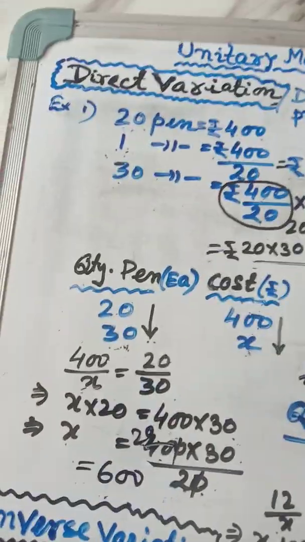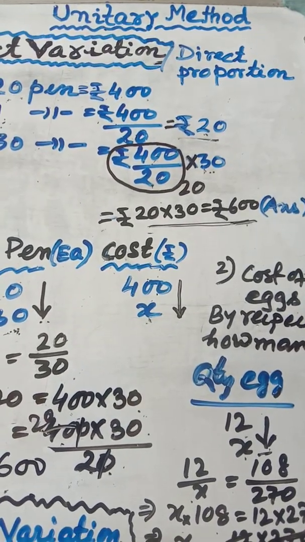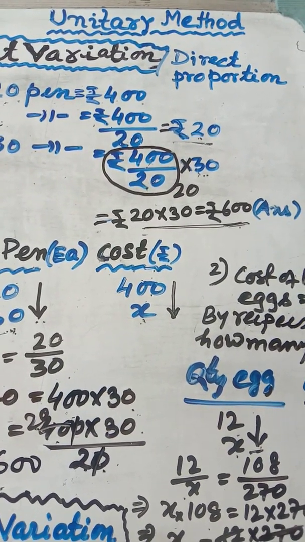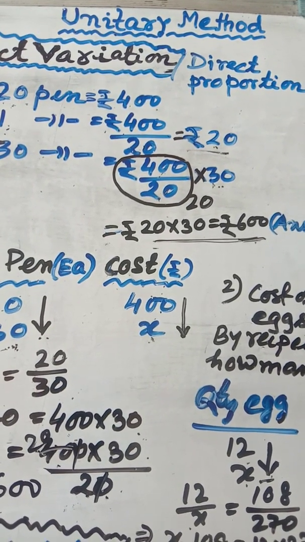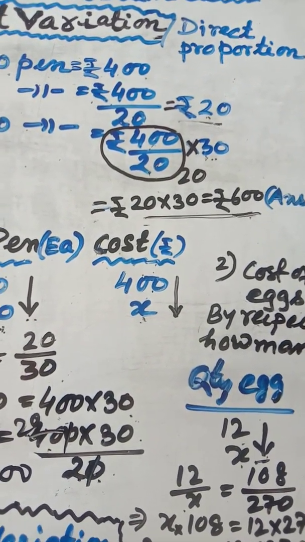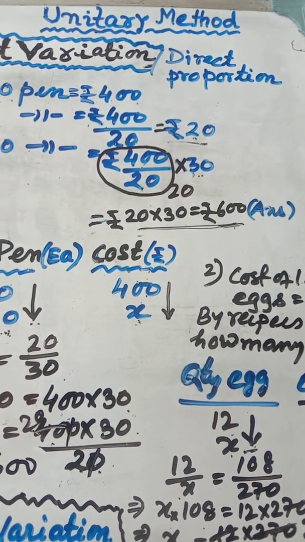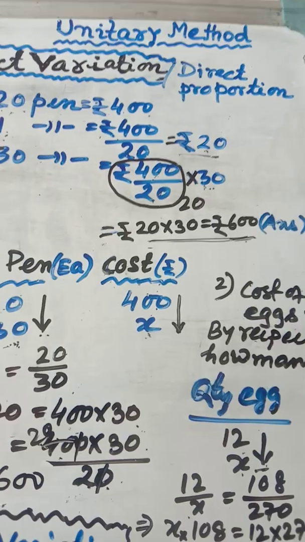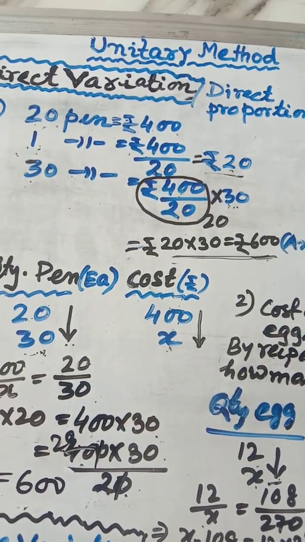Suppose food for 12 men is there for 5 days. You are increasing from 12 men to 30 men. Naturally, food will last for fewer days because the consumption for more people will be more. Therefore, that time it comes under inverse variation or indirect proportion.